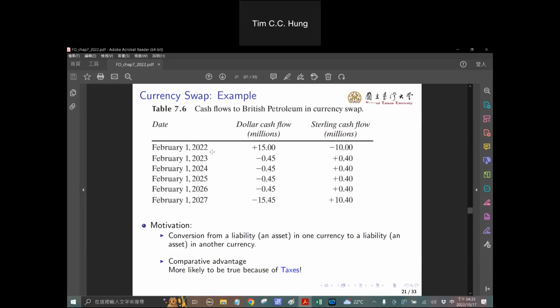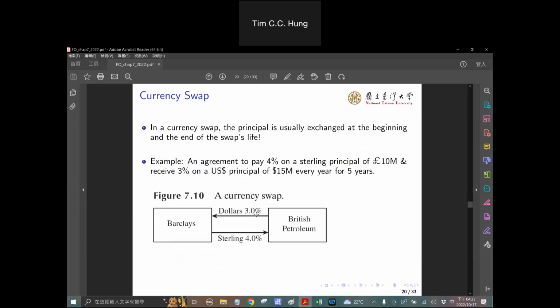And then periodically, we're going to pay some percentage out of the principals. The exchange is for 3% dollar and for 4% sterling.